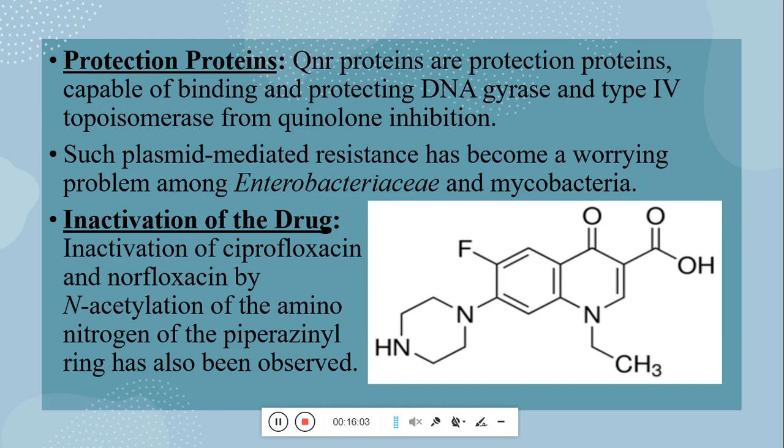Another mechanism of resistance that the bacteria have acquired is the inactivation of the drug. Inactivation of ciprofloxacin and norfloxacin by N-acetylation of the amino nitrogen of the piperazinyl ring has been observed. This is the piperazinyl ring, and at this amino nitrogen acetylation occurs, and so this results in inactivating the drug.